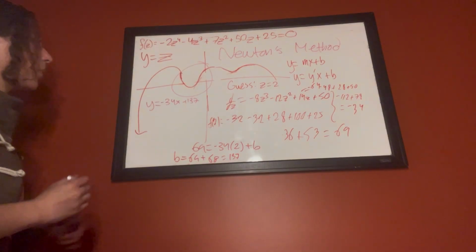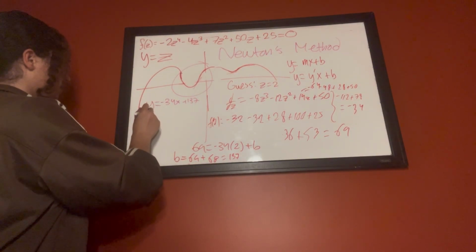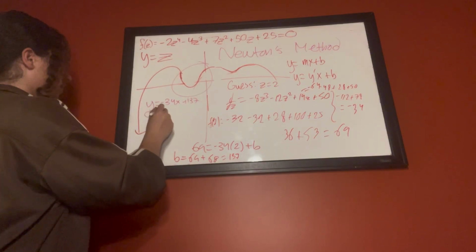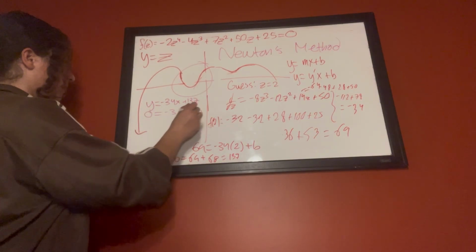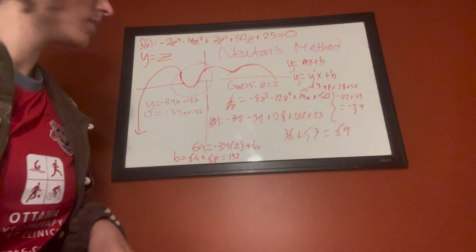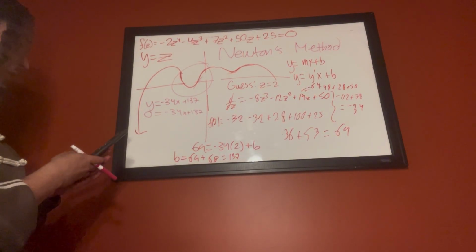So, where does this intersect my x-axis? It intersects at, so 0 is equal to minus 34x plus 137. So 137 divided by 34.